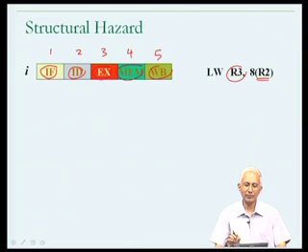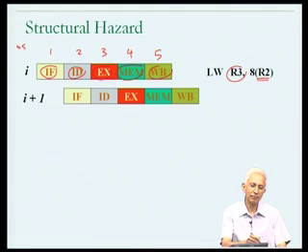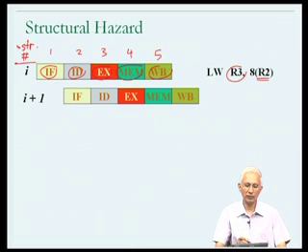So, we know exactly what happens as far as the load word instruction is concerned. It occupies all the 5 cycles. Now, let us suppose that there is an instruction following the load word instruction, which I had talked about as instruction number I. The instruction that follows it is instruction number I plus 1, and I am not too concerned about what that instruction is.